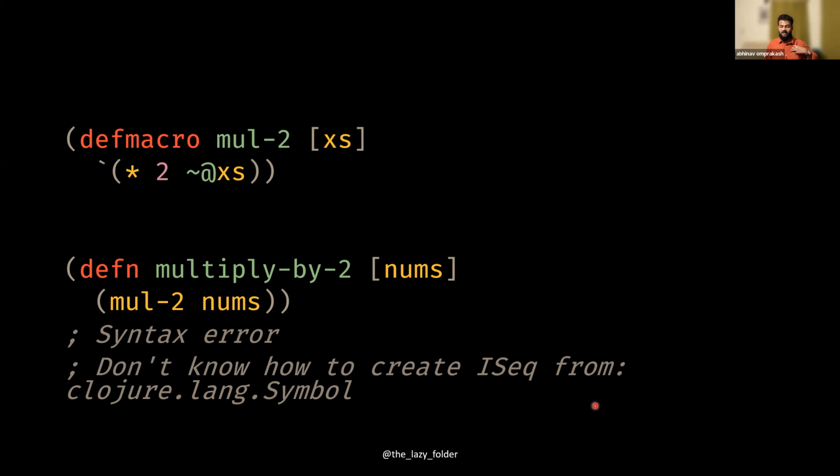And I have made this mistake a lot of times. This happens because when we are defining the macro, we sort of assume what we are going to get. And sometimes we have to make sure that we are assuming the right things. So whenever you're writing a macro, always think whether you're going to get a symbol or a value when you're calling the macro, and define it accordingly.